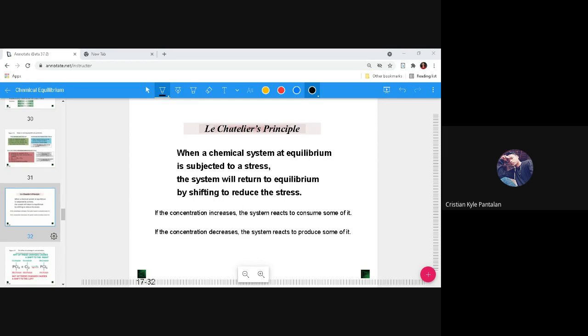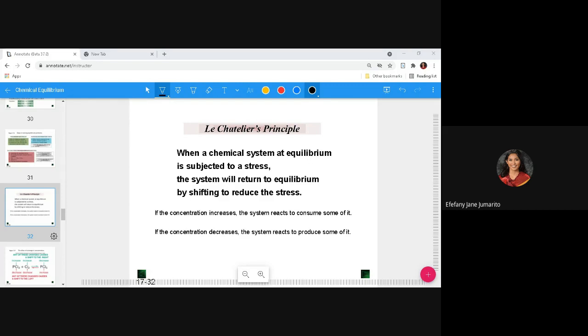When a chemical system at equilibrium is subjected to a stress, the system will return to equilibrium by shifting to reduce the stress. If the concentration increases, the system reacts to consume some of it. If the concentration decreases, the system reacts to produce some of it.